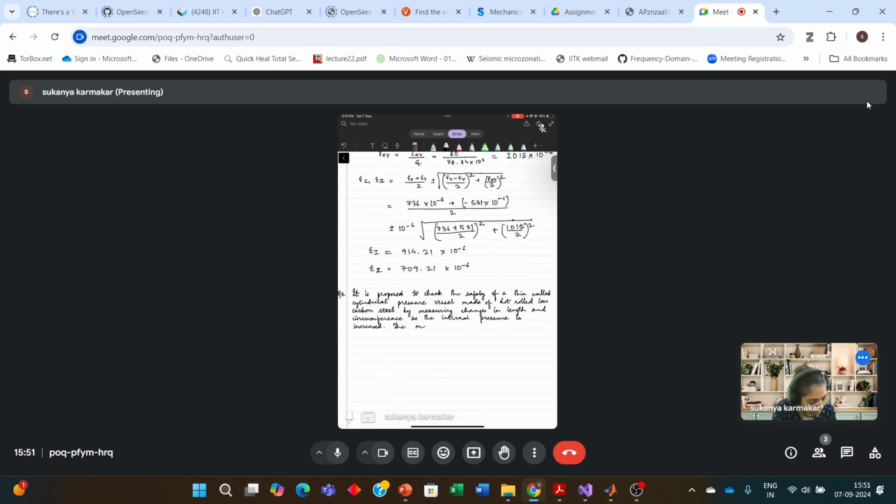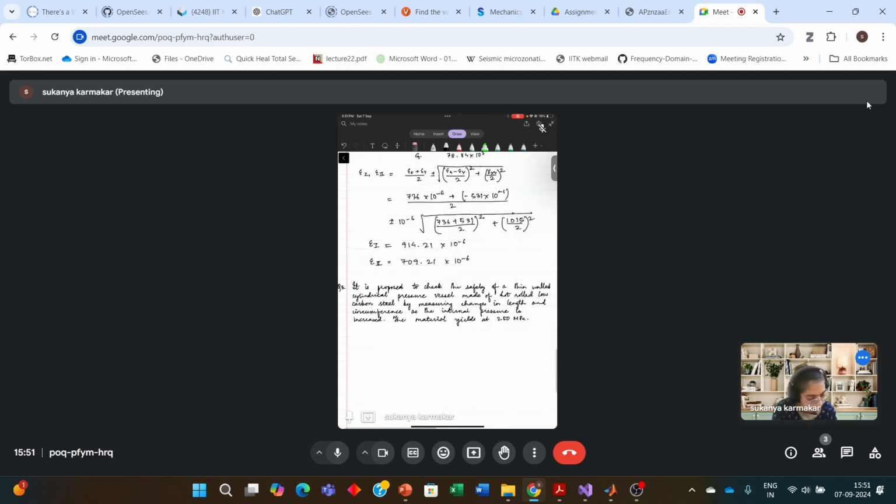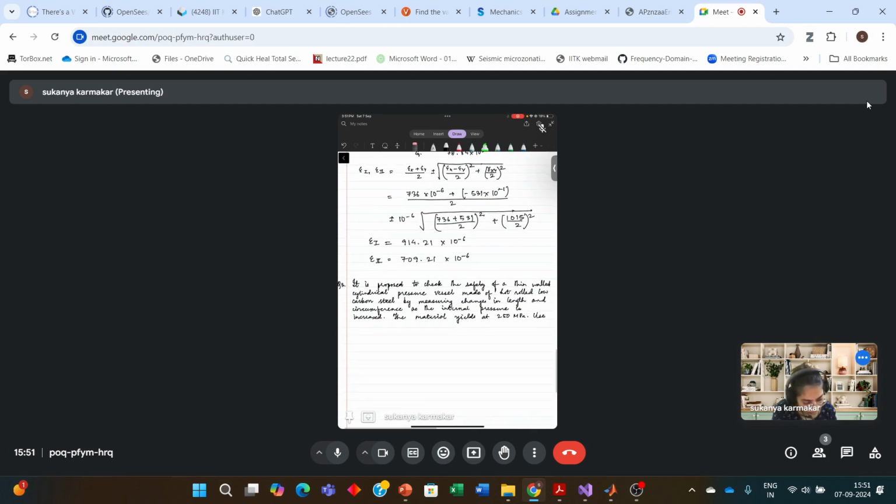The material yields at 250 MPa. We have to use the maximum shear stress criteria and the relationship sigma theta is equal to PR by T, sigma Z is equal to sigma theta by 2, and sigma R is equal to 0.